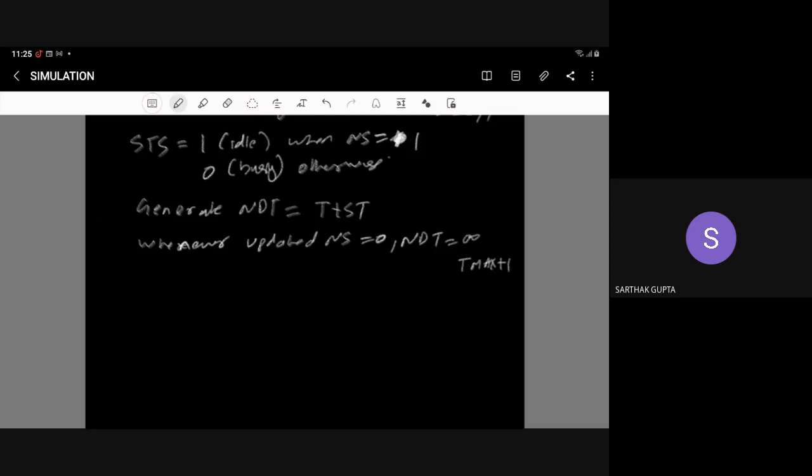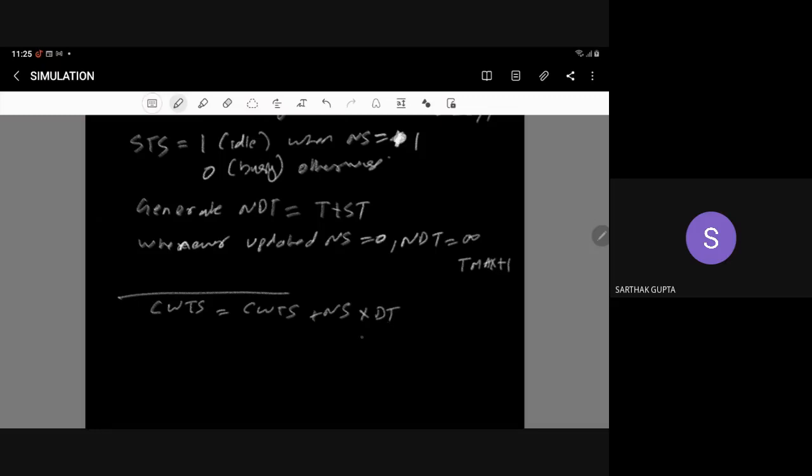So here we have some state variables, right? From here we update the output variables also. What is the CWTS? CWTS stands for the cumulative waiting time in the system. It is the CWTS of the previous time plus number of customers in the system in the previous time times the difference of time.